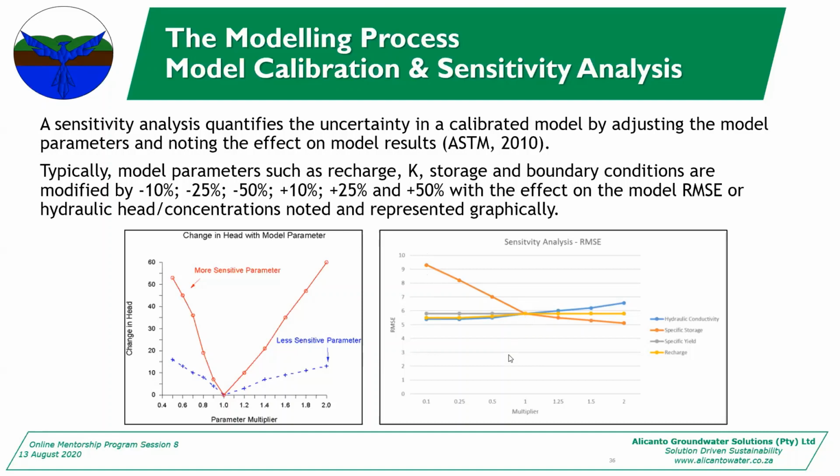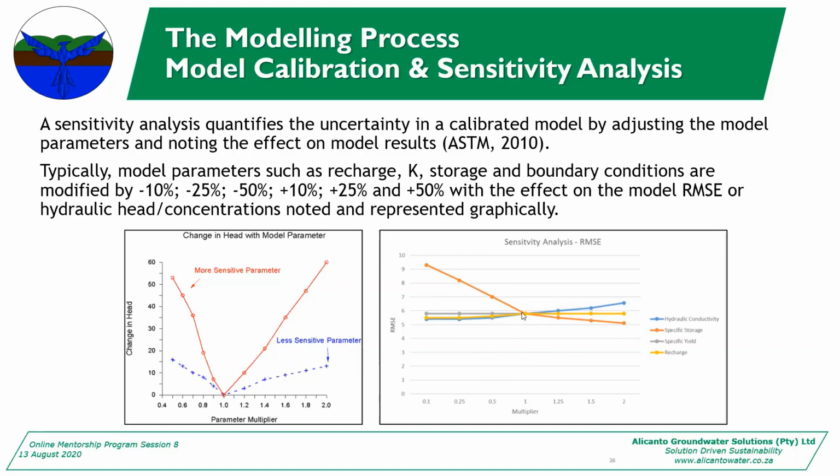It's getting further from calibration. So then you have to see, okay, maybe my range is in this 0.5 to 1.25. So that's okay. In my realistic range, based on my literature values and field values, I'm okay. It's not improving too much. It's not degrading too much.